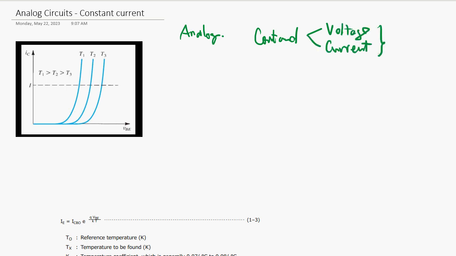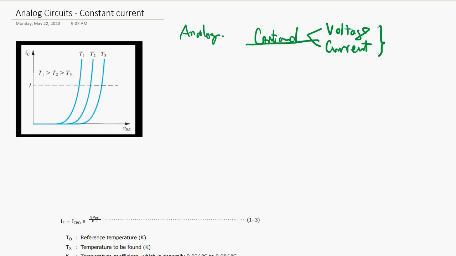If you don't know this, you cannot design an analog IC chip. So the very famous basic circuits we are going to explain here are the first step to be an analog circuit chip designer.